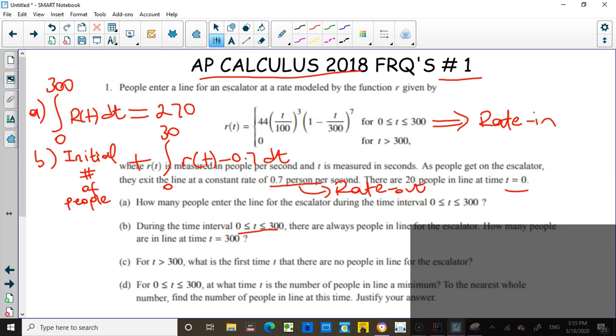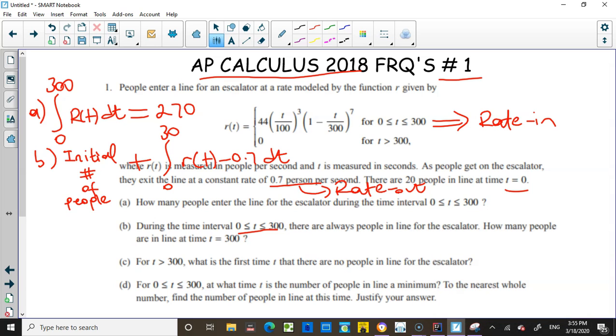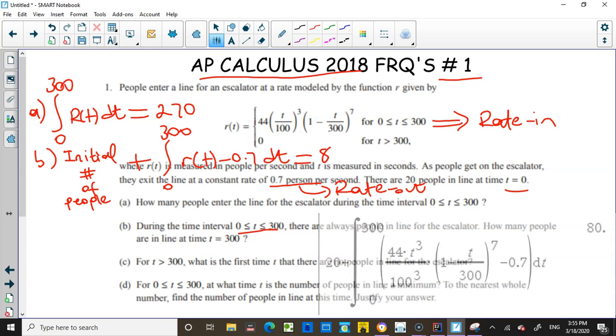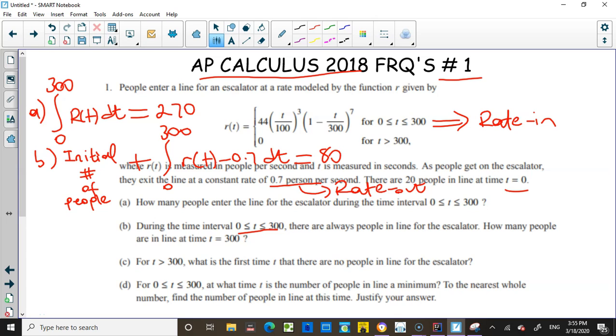This 0.7 is my rate out function, the rate of change in the number of people exiting the escalator, and r of t is the rate of change in the number of people entering. This expression gives me the answer. If I use my calculator, it is equal to 80. So according to the model, 80 people are in line at t equals 300.